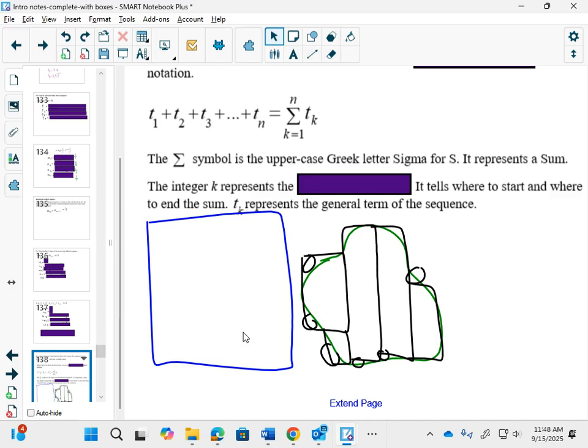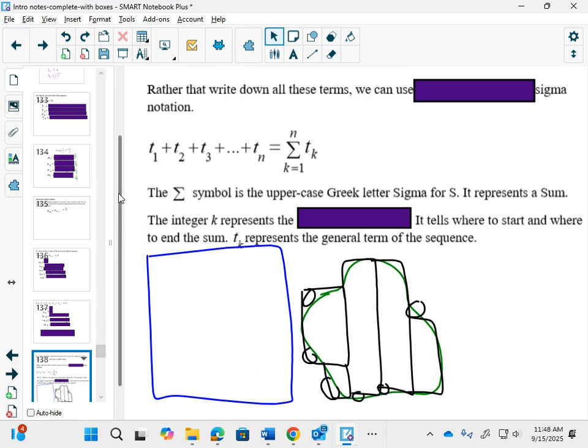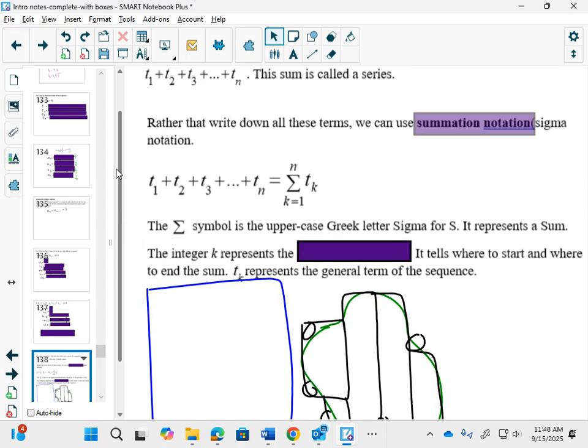The problem is I don't want to write out a whole bunch of things in a row, so we get a summation notation which uses the Greek capital letter sigma, so it's sometimes called sigma notation. Sigma notation is a way for figuring out sums.